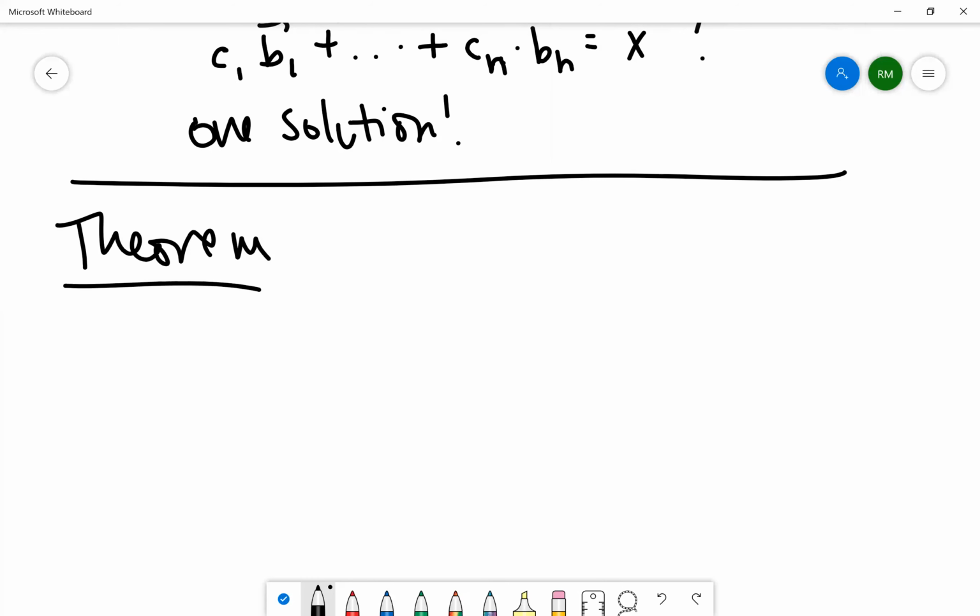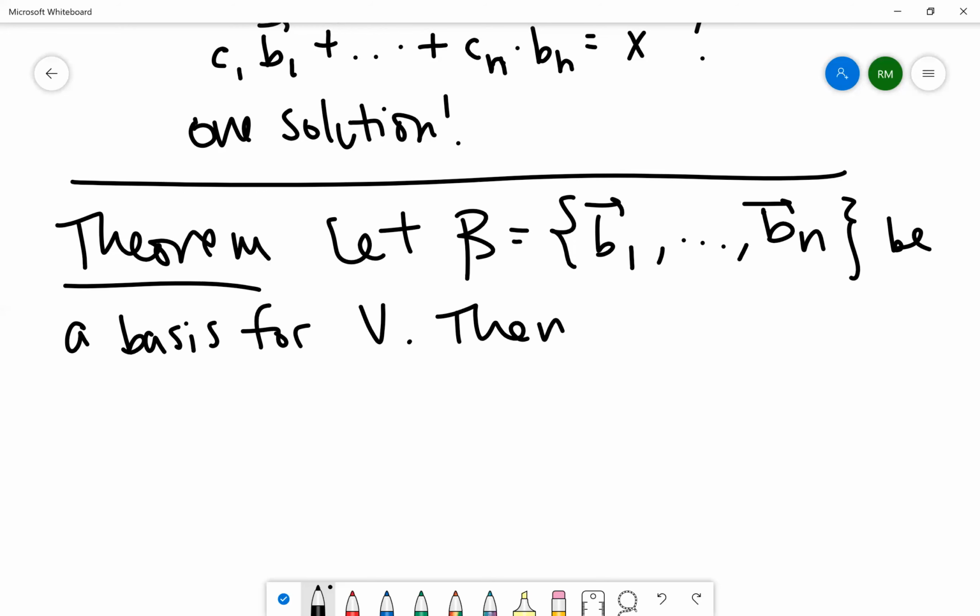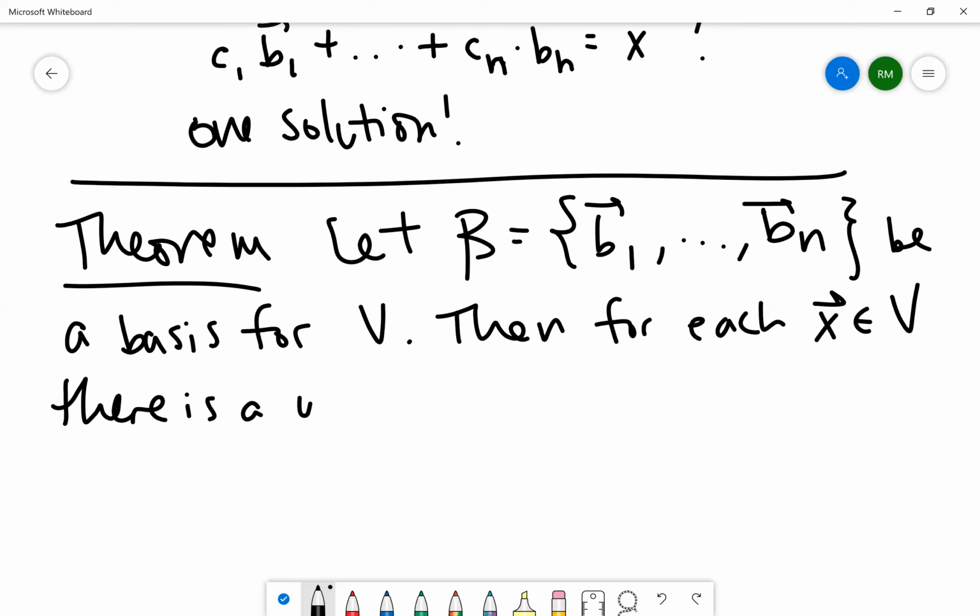So let's take a look at the following theorem, which tells us exactly what we just looked at above. And it says, let B equal this collection of vectors. So it's a basis for the vector space V. Then for each vector X in our vector space V, there is a unique set of scalars.